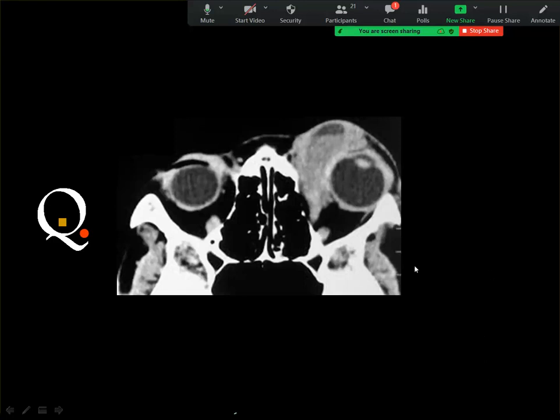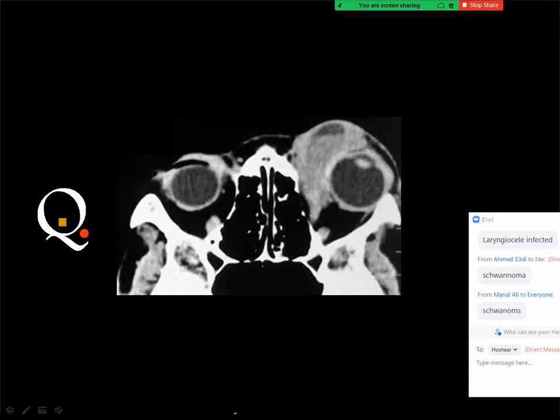And this is the child with a mass in the orbital cavity on the left side. Yes, what do you think? Cellulitis with abscess?